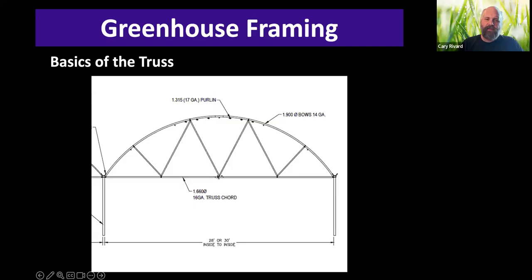Which then are going to transfer that push down to the truss cord. Okay, so what that does is it basically distributes that weight, and instead of this tube trying to hold 500 pounds of snow, this tube is being supported by this whole network of tubes.